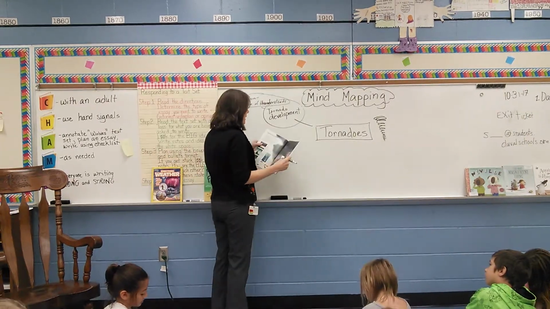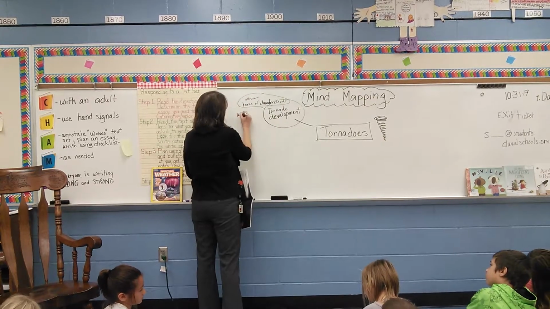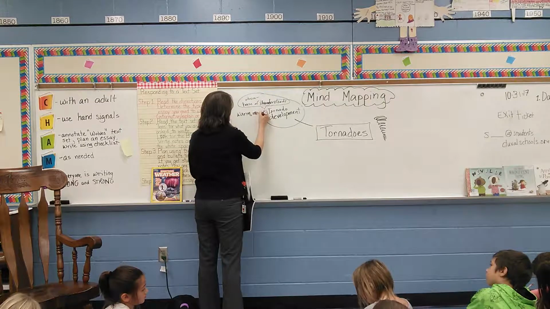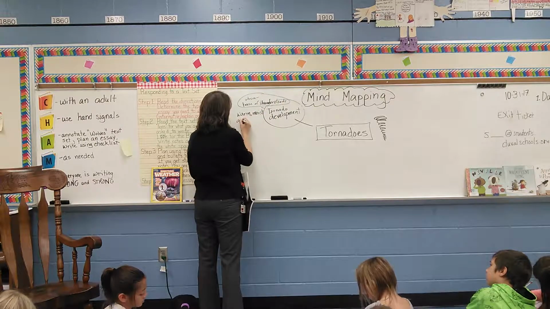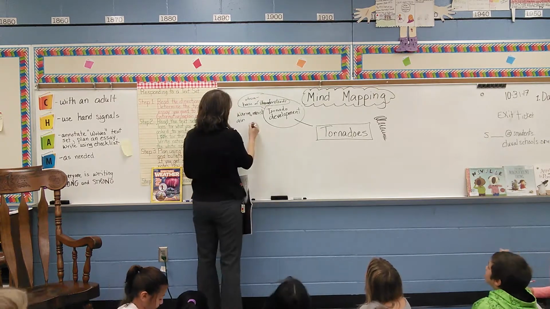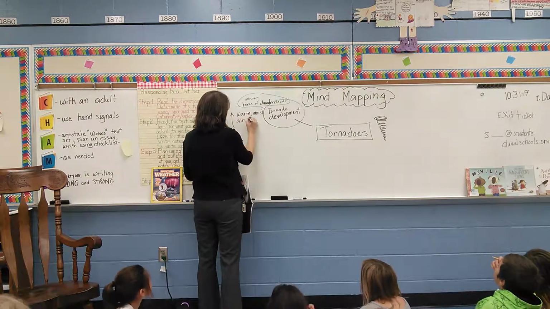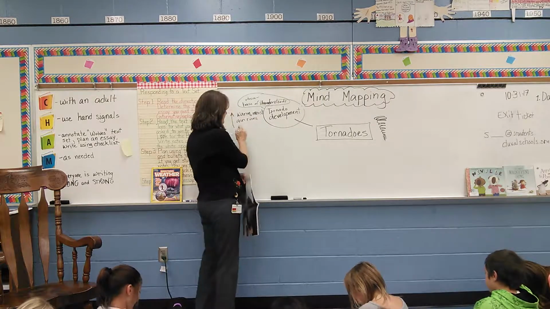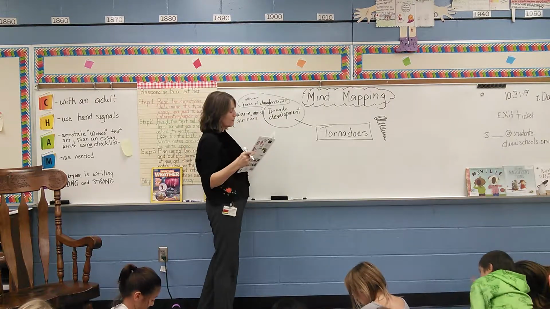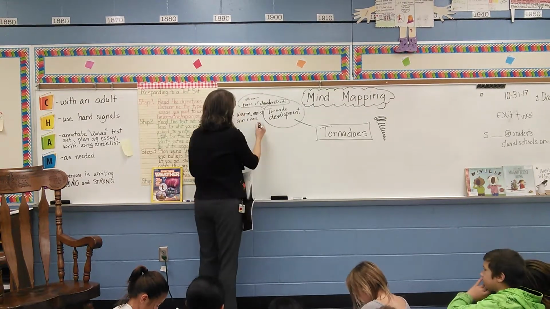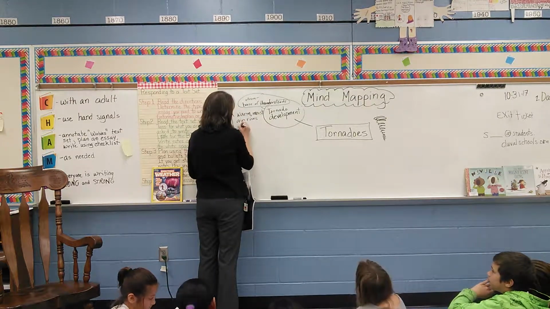Okay? So the next part, that's a detail, talks about warm, moist air. Rises. Okay, so I'm putting a little bit of a symbol of a rising arrow there. And passes through colder air.